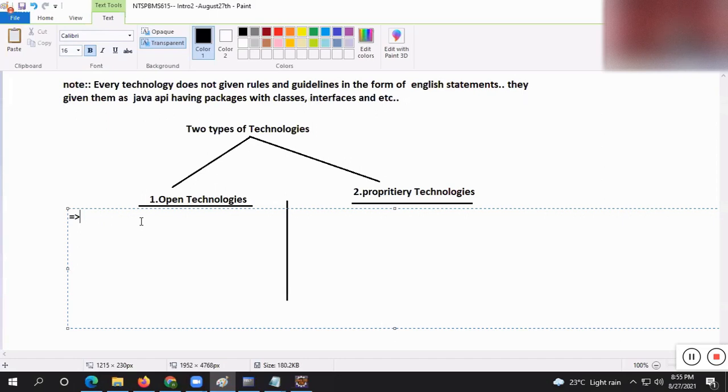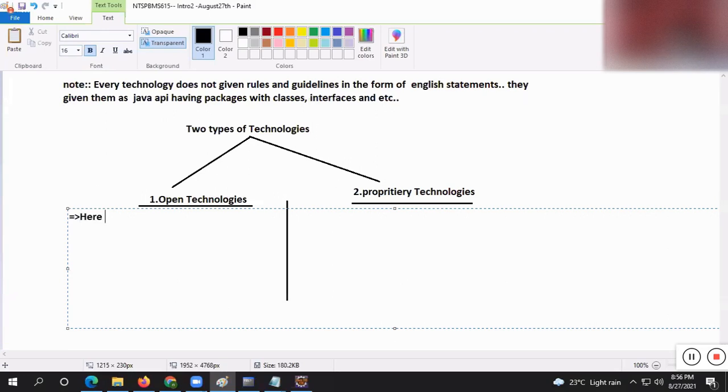Who will use the commercial flavor? Everyone uses the open source flavor only. If you use the commercial flavor, they say they give big support. Java has bigger support from outside compared to Oracle Corporation. No company is using commercial Java. Is that clear?